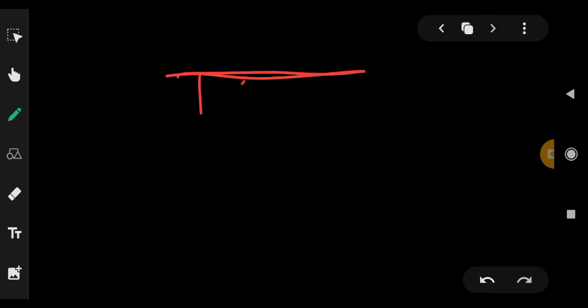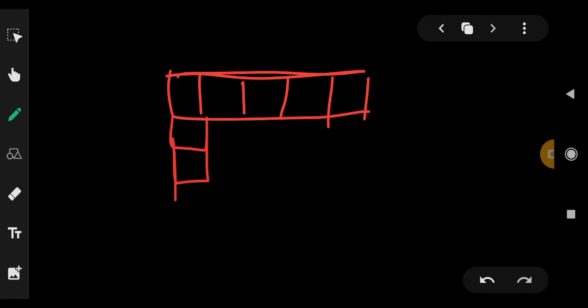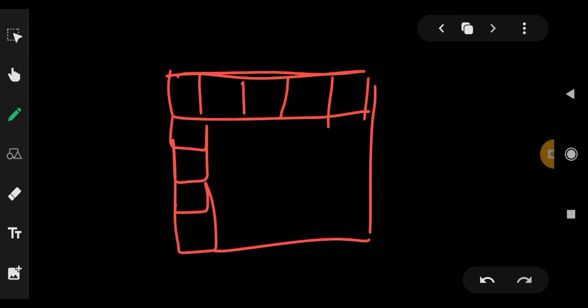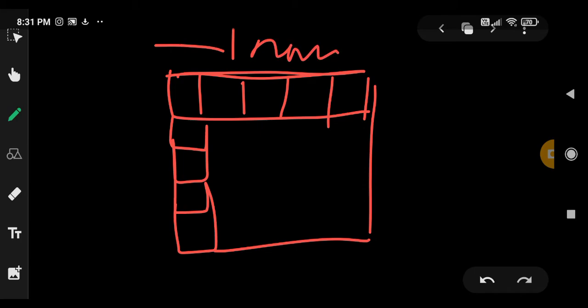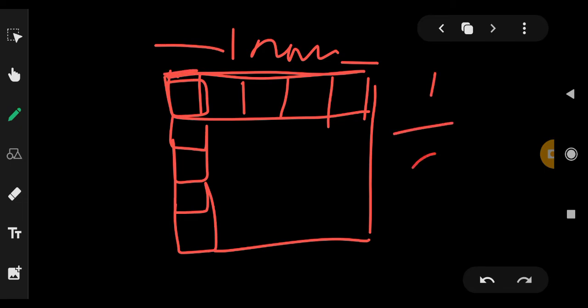So there are 1, 2, 3, 4, 5 boxes, and like this also there are 1, 2, 3, 4 and 5 boxes, and then it is further divided. So if this whole is 1 mm and this 1 mm is divided into 5 equal boxes, then the dimension of this box will be 1 by 5, which is 0.2 mm. So this will be 0.2 into 0.2, 0.2 into 0.2.